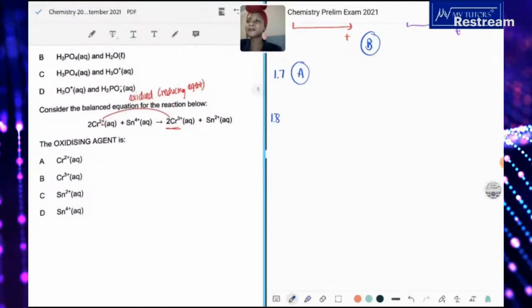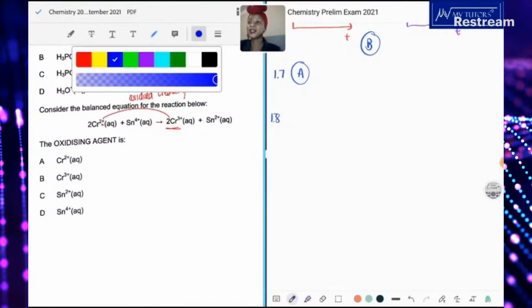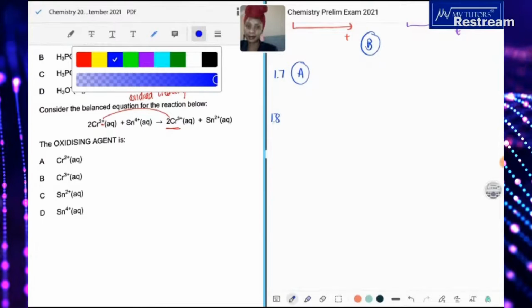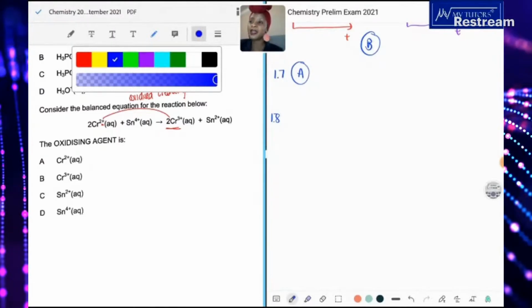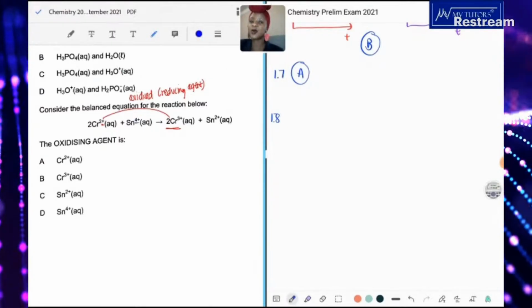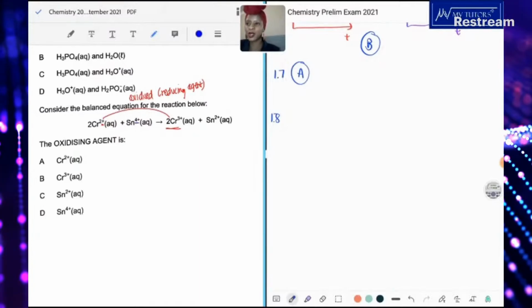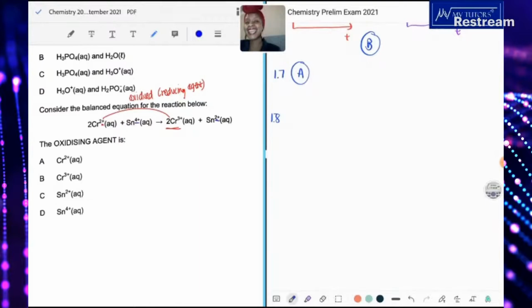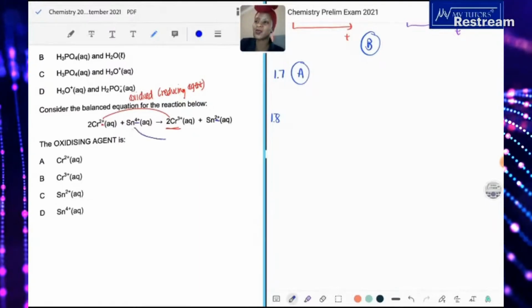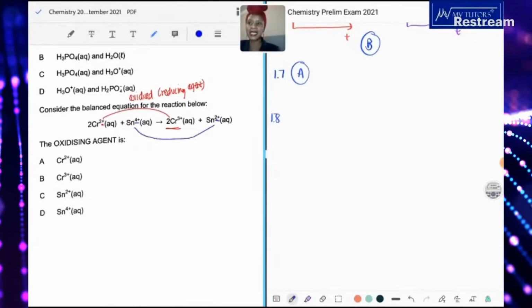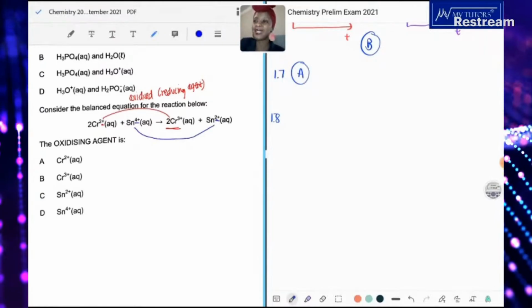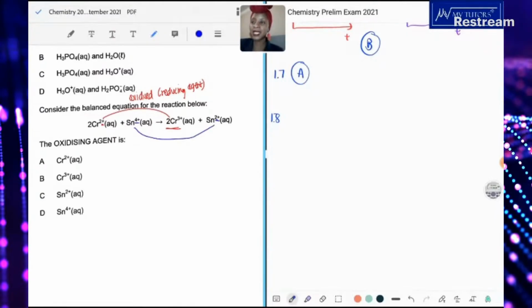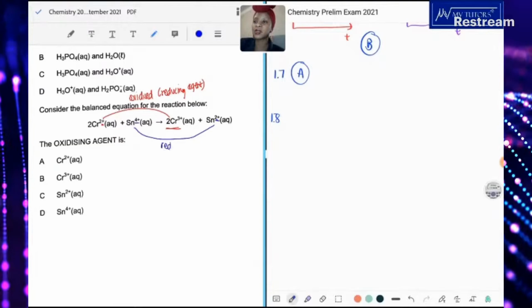Now, let me just change the color. If we look at tin, Sn, it started off with 4 excess protons, and then we had only 2. So it gained electrons, from tin 4 plus to tin 2 plus. The process for gaining electrons we call reduction.